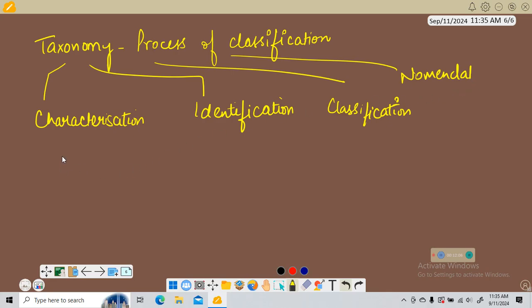If I say the term taxa, this is plural, and if I say taxon, this is singular.